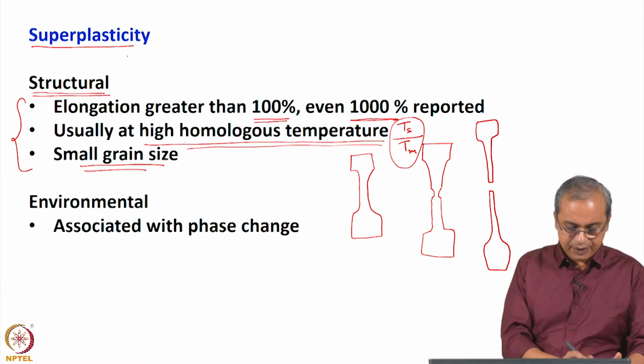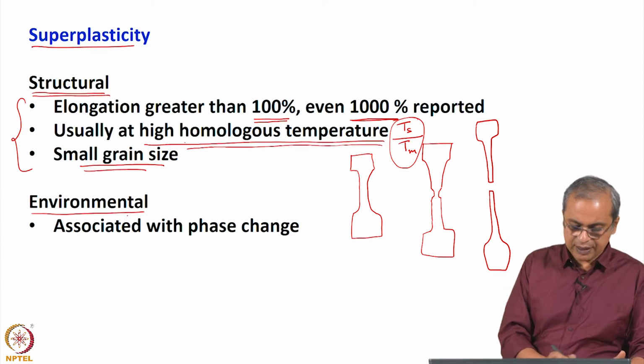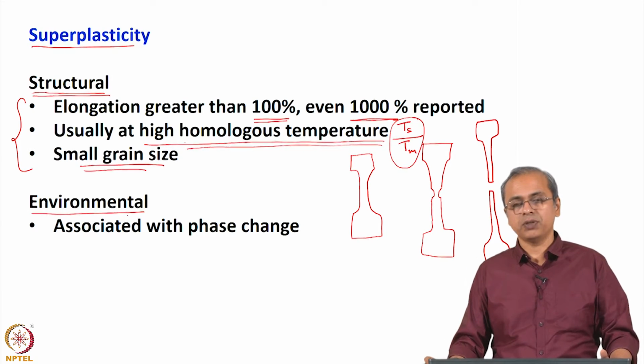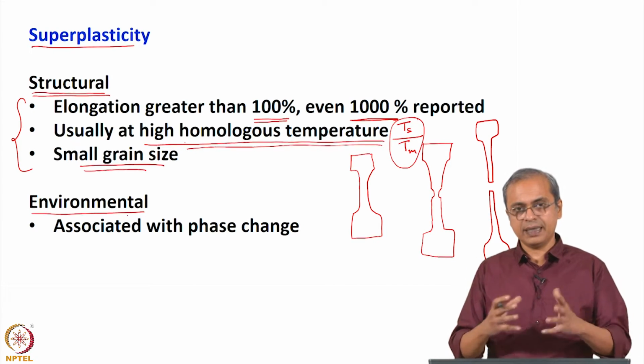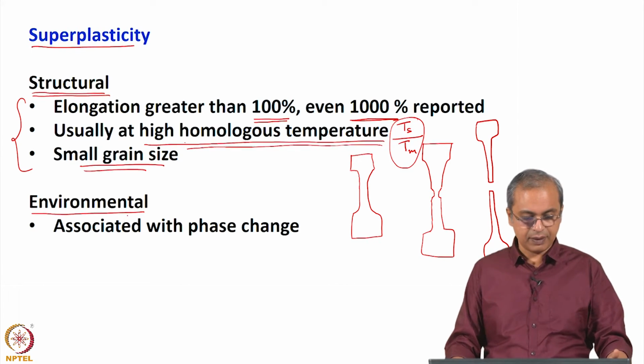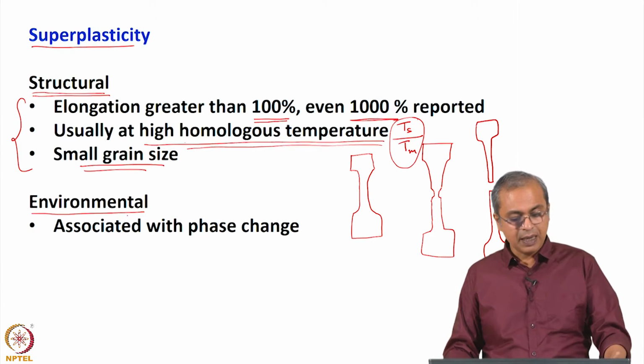To the extent that you see these large deformations, we call it superplastic in this context, and it is because of something associated with the internal environment of that sample, so we just call it environmental superplastic behavior.